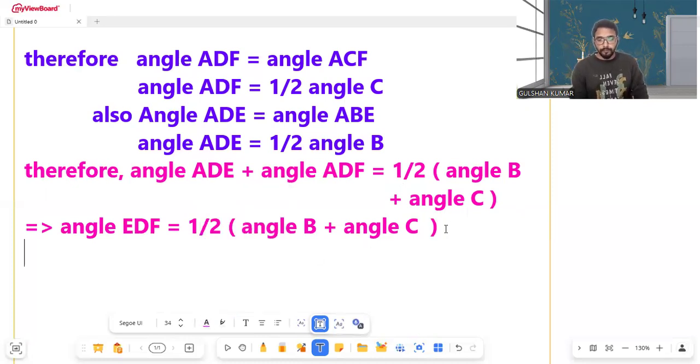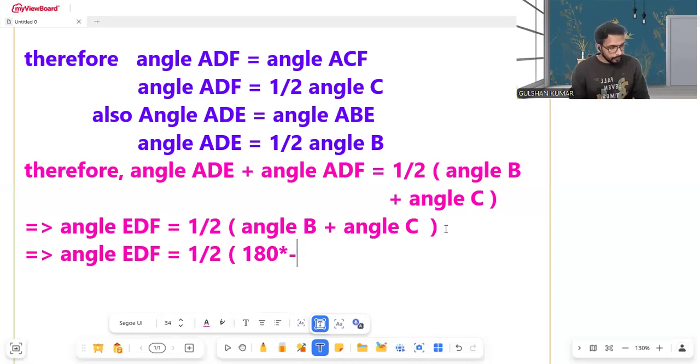So this implies that angle EDF will be equal to half of 180 degrees minus angle A, because angle B plus angle C will be equal to 180 degrees minus angle A, by the angle sum property, since angle A plus angle B plus angle C equals 180 degrees.